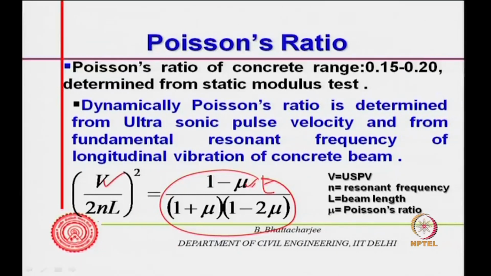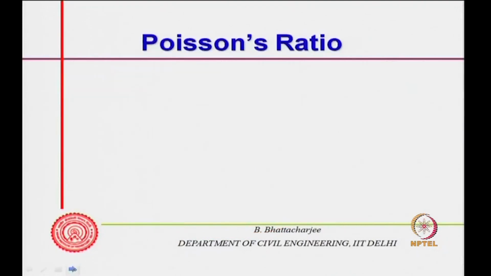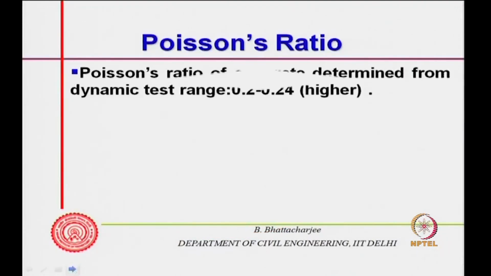So, velocity, frequency, length, and Poisson's ratio are related. This is the pulse velocity, resonant frequency, beam length, and Poisson's ratio. From that one can find out Poisson's ratio, so from dynamic testing also you can find it.